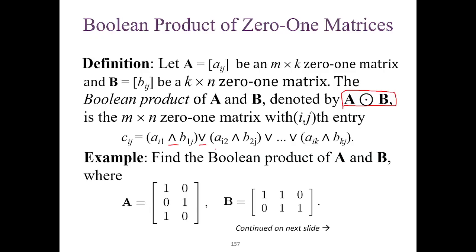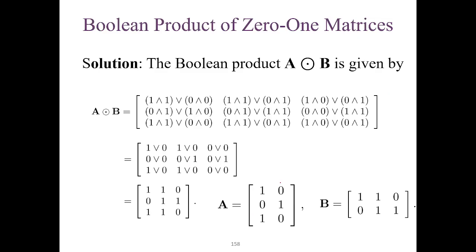Let's see this example. A is a 3 by 2 matrix, and B is a 2 by 3 matrix. Let's see what the Boolean product of these two matrices is.